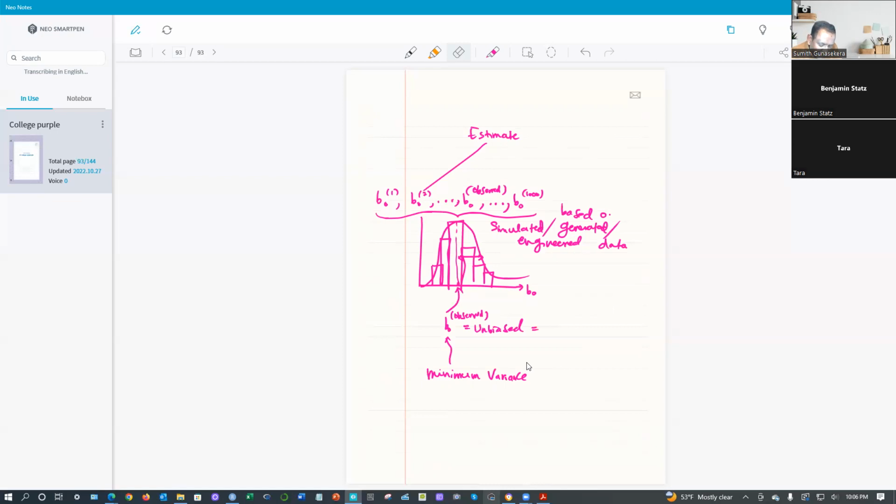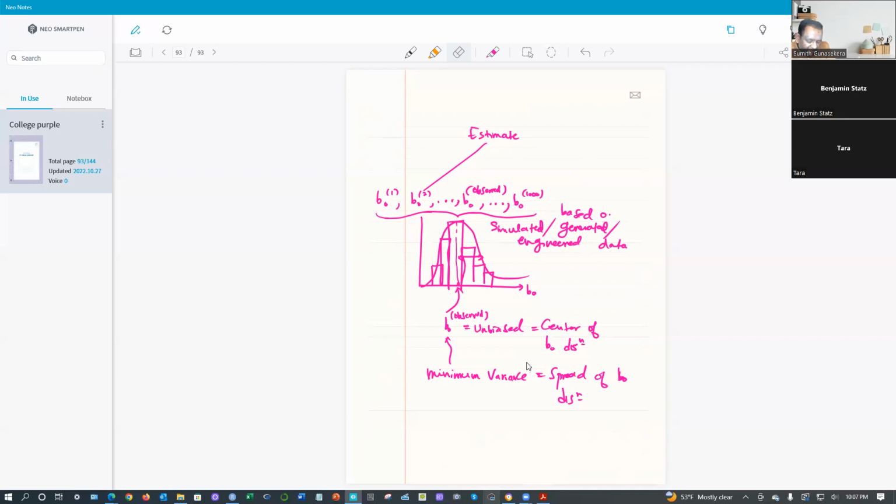That's the center, and whose center? Center of the B naught distribution. This one, what? Spread of the B naught distribution. Do we have to take into account the standard deviation or variance? Can you take into account the mean? Yes, mean and standard deviation, you really need to standardize something.